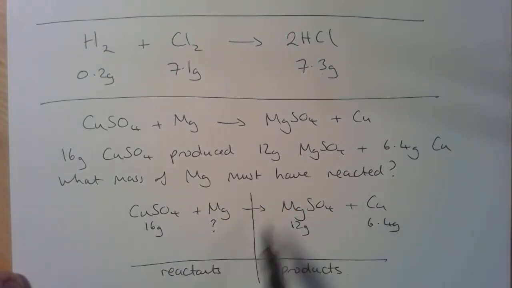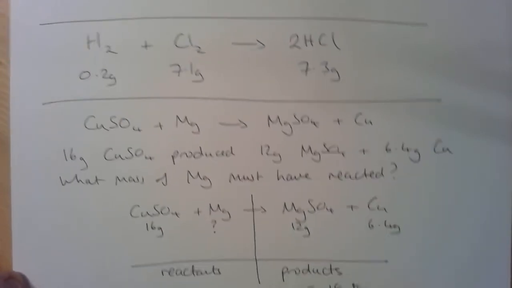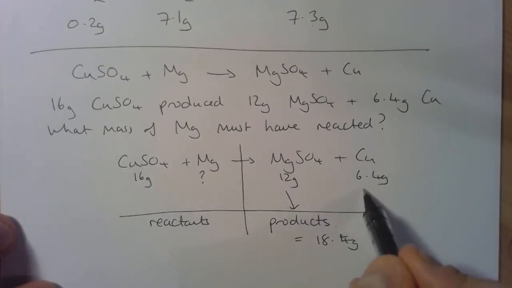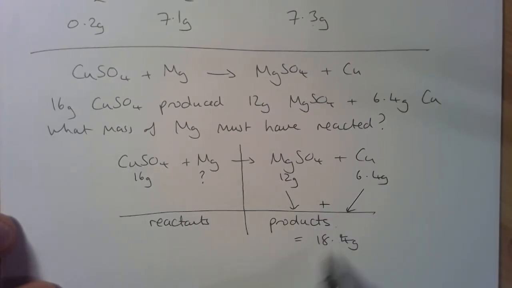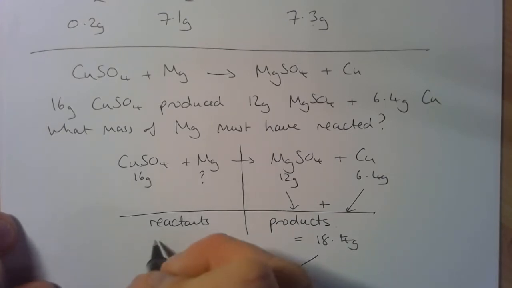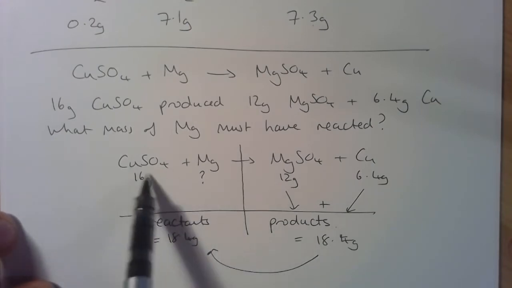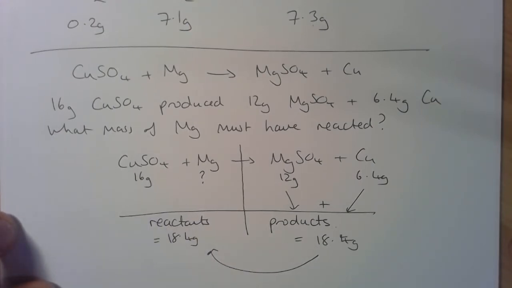So we know enough on this side to say that the total mass of the product is 18.4 grams. And the reason the total mass of the product is 18.4 grams is that and that add together to give us 18.4 grams. If we go back to the other side, then we know that as a result of that, we must also have started with 18.4 grams of the reactants. 16 grams of that is due to copper sulfate.